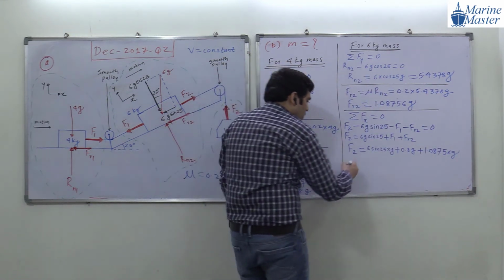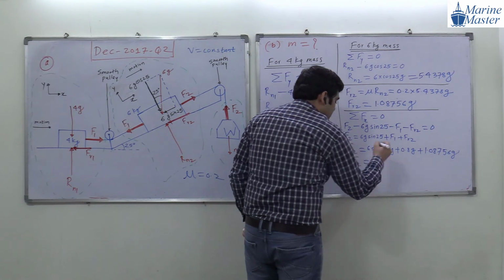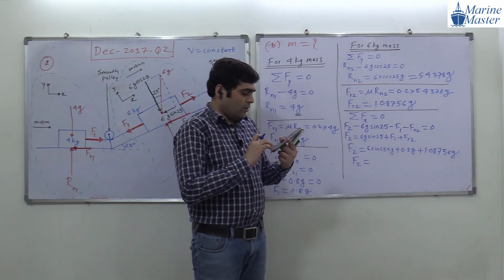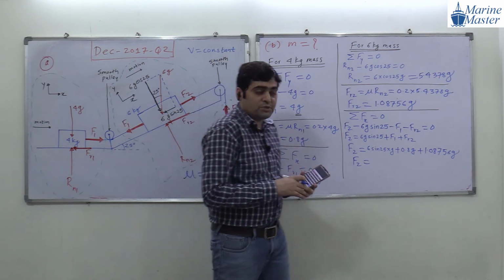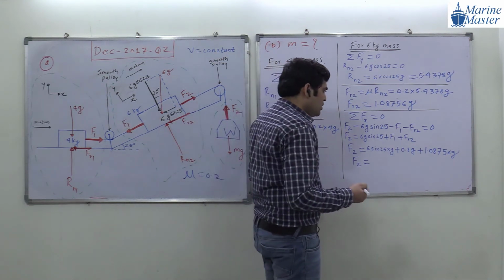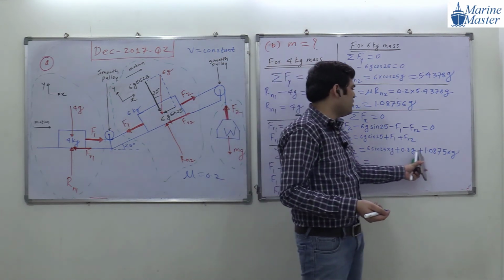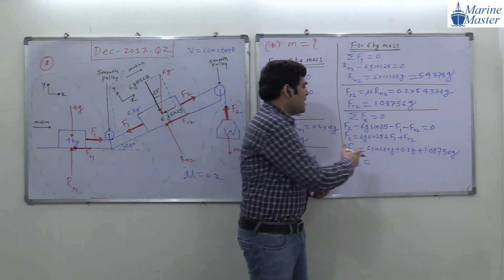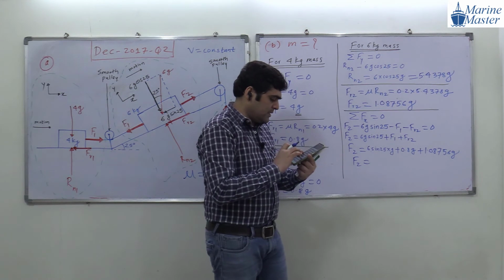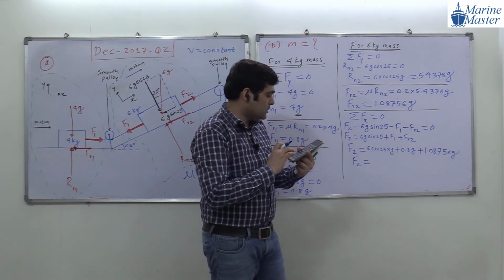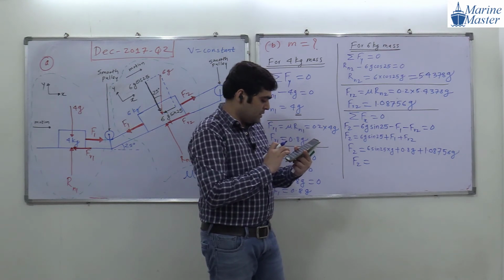See the scenario here. Please everyone do the calculation and we will get F2 in terms of G. Guys, don't do anything with the G. Here G is the same for every term, so you can add all the terms. 6 into sin 25 plus 0.8 plus 1.08756.